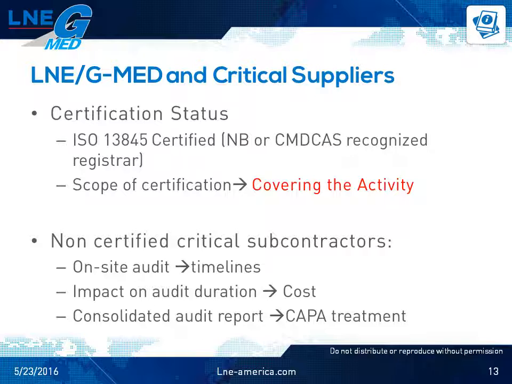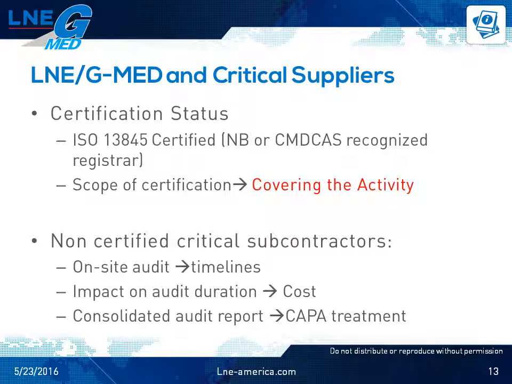Now, for non-certified critical subcontractors, the need to audit and frequency of auditing those entities are assessed based on criticality of the task subcontracted, complexity of the task subcontracted, and the control implemented by the legal manufacturer and demonstration of such.